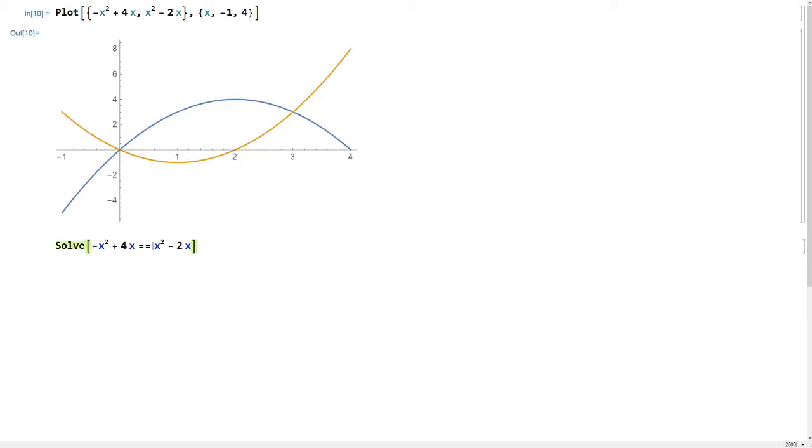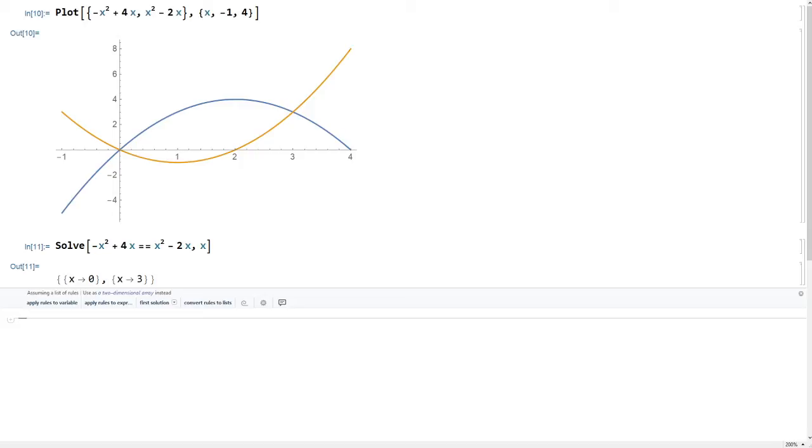So we can take the two expressions, set them equal to each other, and solve that for x. And look at that, 0 and 3, just like the graph suggested. So we can use Mathematica as well to solve for x. In this situation, it's not really that necessary. We can solve these pretty easily by hand. But if we had more complicated functions, it might be extremely worthwhile to use Mathematica.